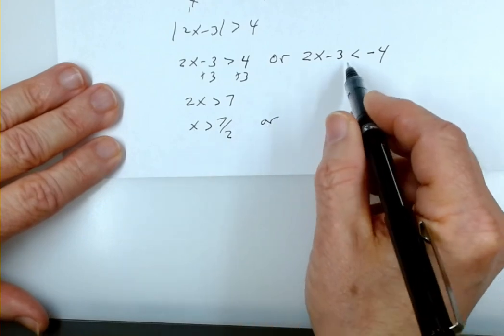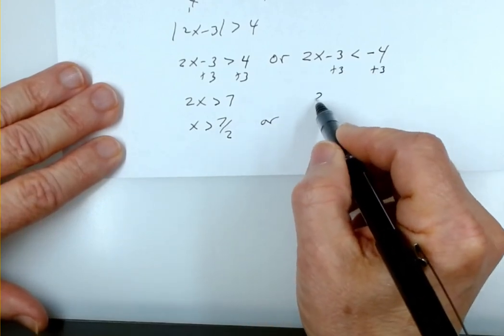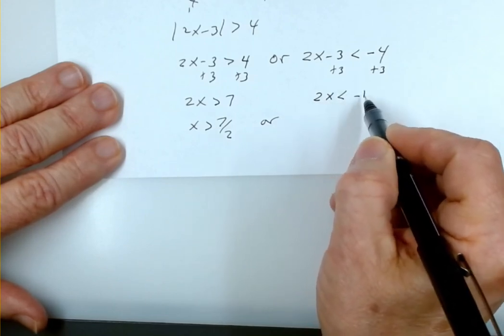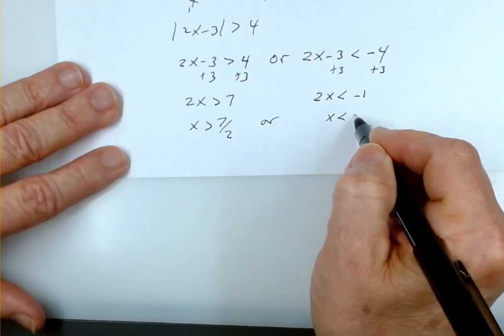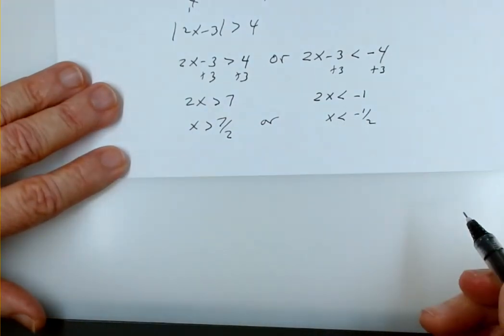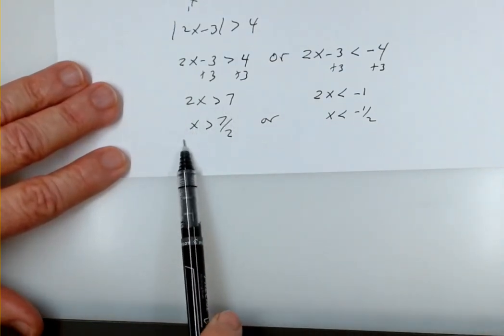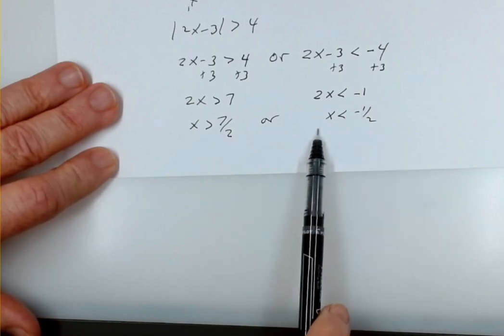Or, over here, add 3 to both sides, I get 2x is less than negative 1. So what's x? Less than negative 1/2. So your solutions would be any number greater than 7/2 or any number that's less than negative 1/2.